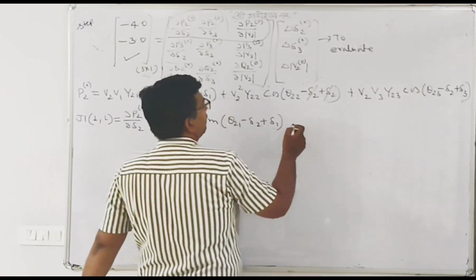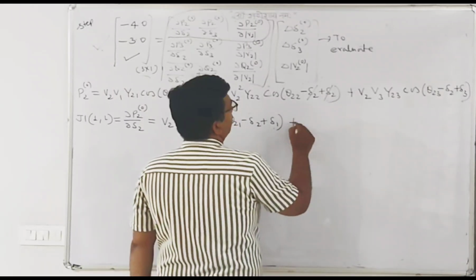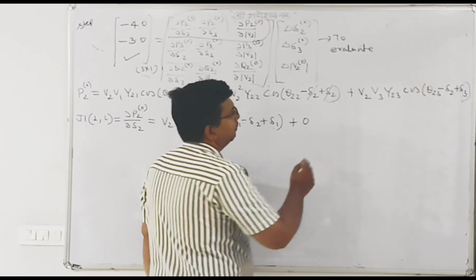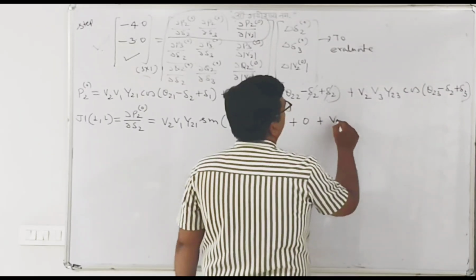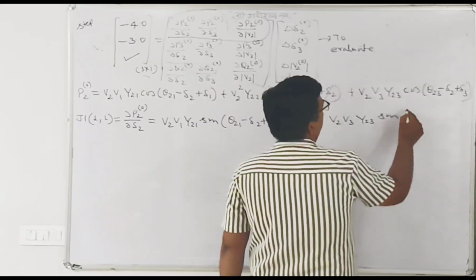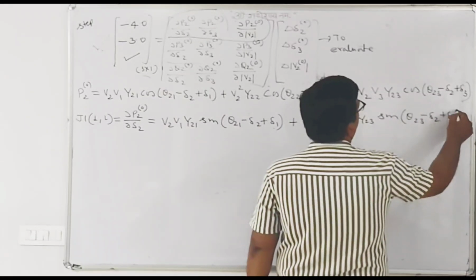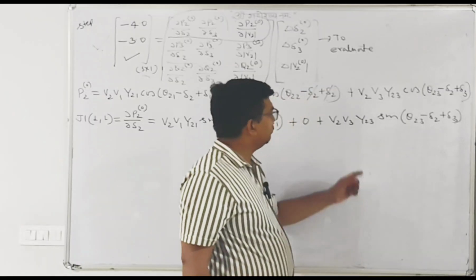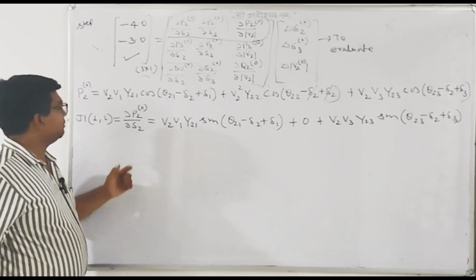Now what does this become? There is no delta 2 term present, so the differentiation will be 0. Now last is the cos term, V2, V3, Y23 cos. The differentiation of cos is a minus sign, but again the differentiation of delta 2 is minus 1, so that minus becomes plus 1. So there are only two terms.